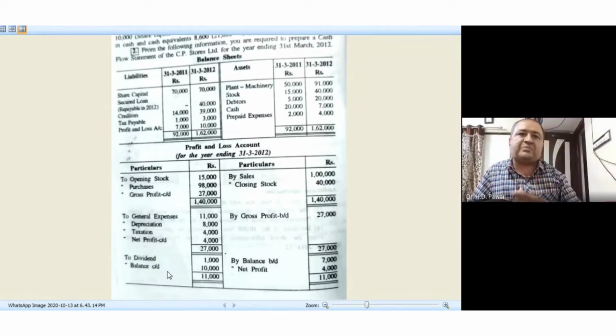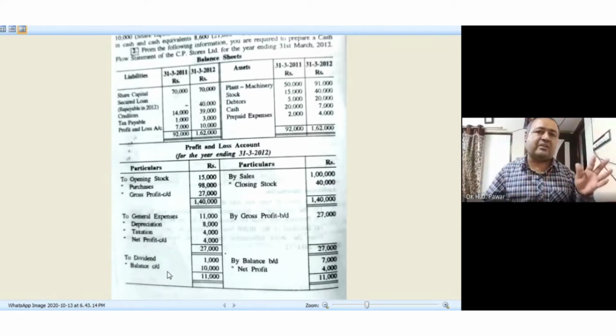If such information is not available, then it is not possible to calculate the example by this method. In that case, when a detailed profit and loss account is not available, you have to go for the reverse method or indirect method that we have discussed in our previous lectures, right?